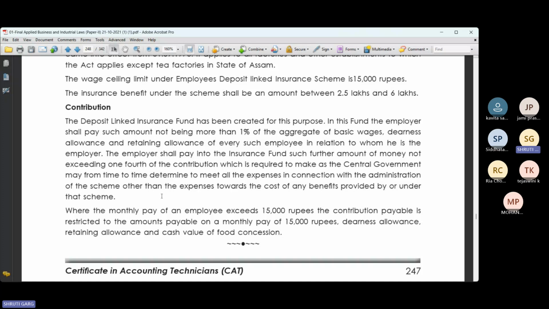Where the monthly pay of an employee exceeds 15,000 rupees, the contribution payable is restricted to the amount payable on a monthly pay of 15,000 rupees. Day allowance, retaining allowance, and cash value of food concession. Clear? Any question?